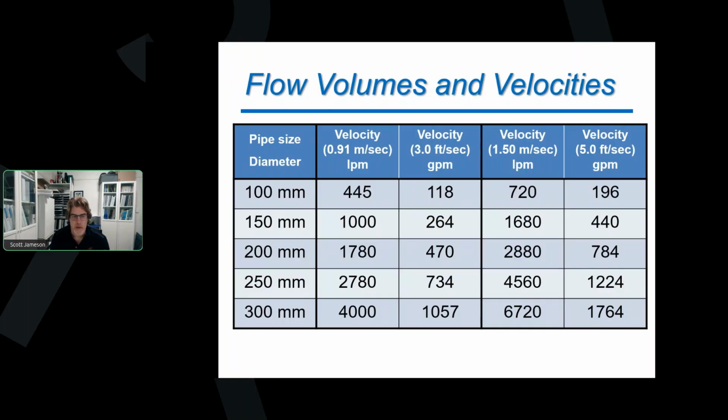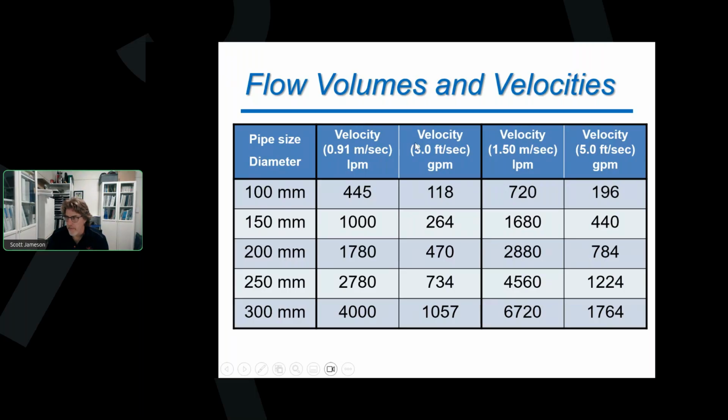But like I said, when we're looking at this chart, if we look at the second line, the 150 millimeter pipe size, so a 6-inch pipe, what do I need to achieve to get those velocities inside of the pipe? Well, we can look at the first part.